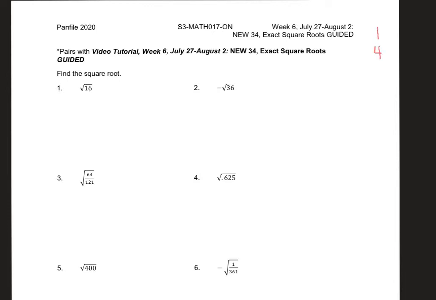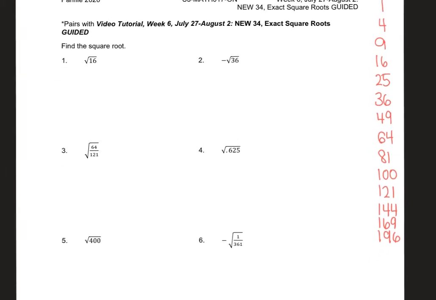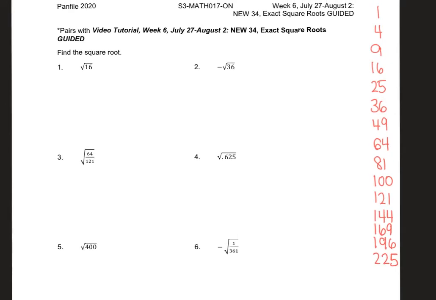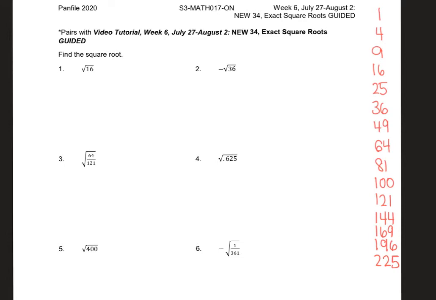So 1, 4, 9, 16, 25, 36, 49, 64, 81, 100, 121, 144, 169, 196, and 225 is really the last one you should have memorized. Anything else you would have access to in the form of a chart or whatever, or you have tools to figure them out.